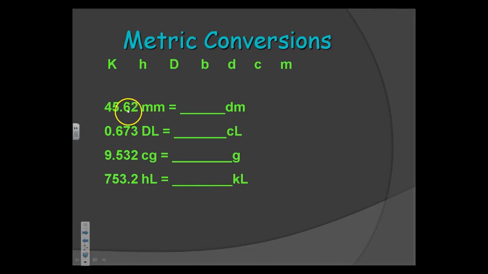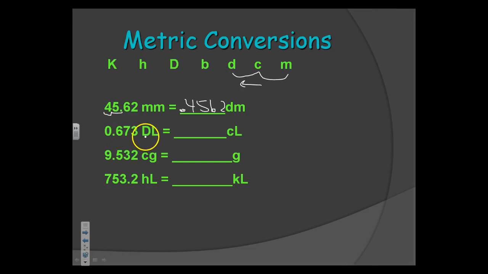Okay, so for this first one, we're at millimeters and we want to go to decimeters. So we're going to start here at milli, and we're going to move the decimal 1, 2 places in that direction. So 1 and 2. So it is 0.4562.